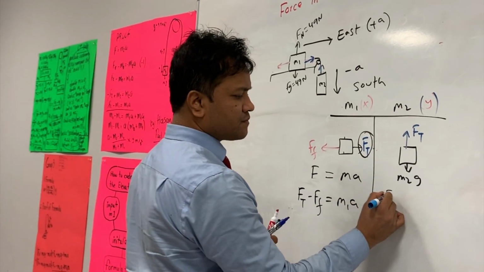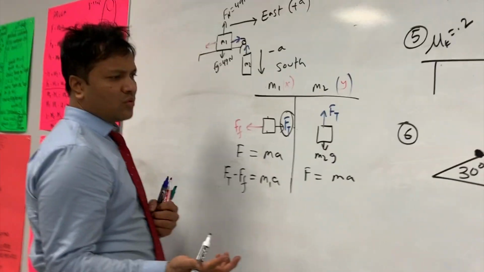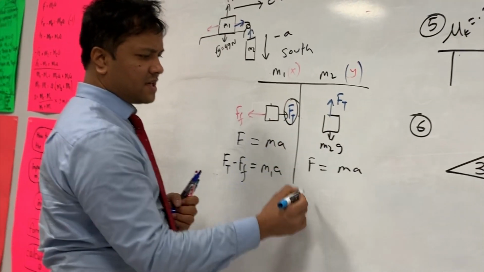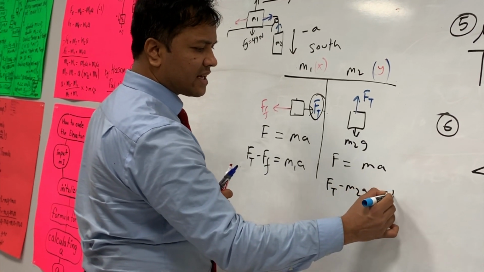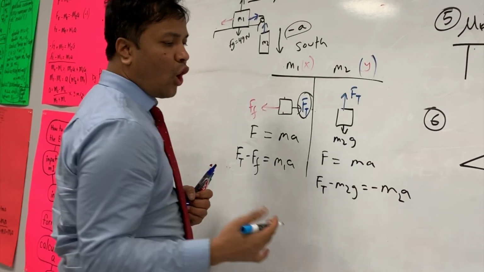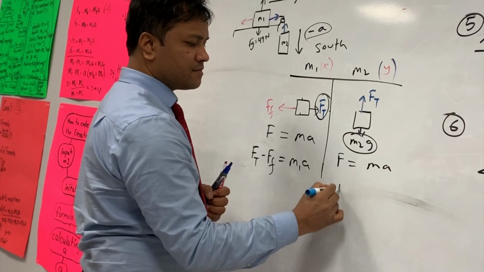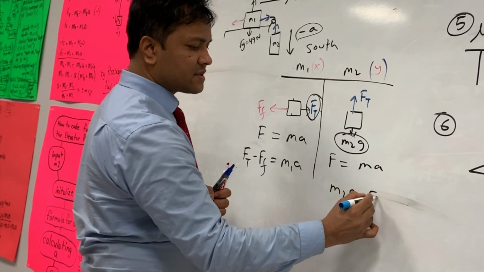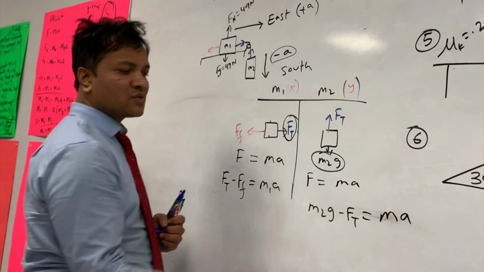F is equal to ma. There are two ways to write it. Number one way is Ft minus m2g is equal to negative m2a, because this is negative acceleration. Or you can write m2g minus Ft is equal to m2a. Then you don't have to negate it.